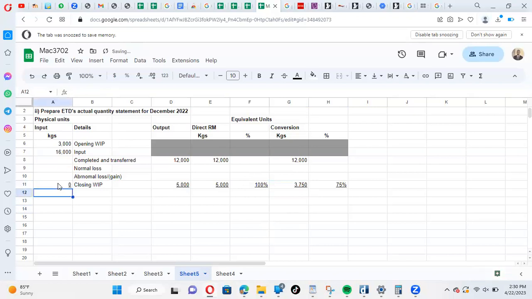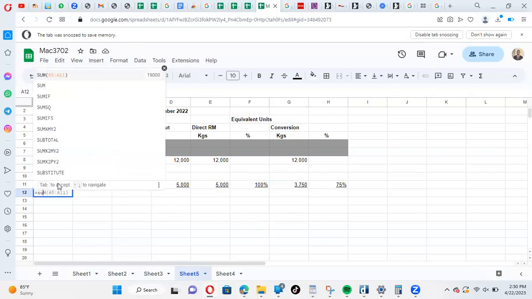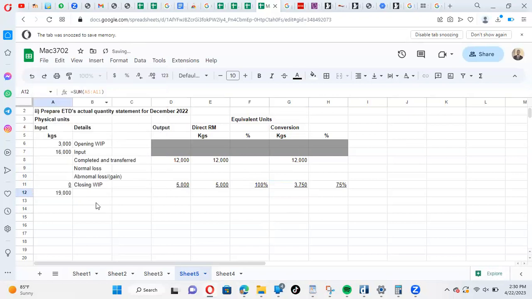But in total there, let's see what we are supposed to have put in there in total. Let's do this again, from A6. Still the same amount though.